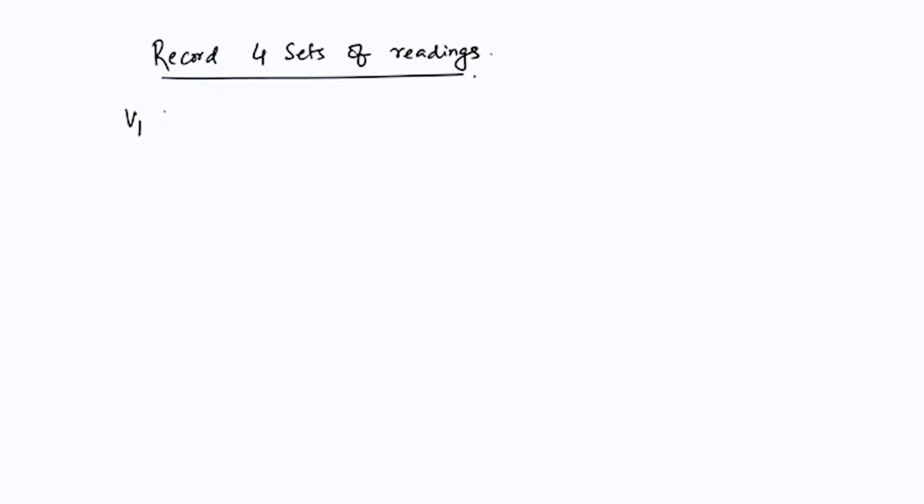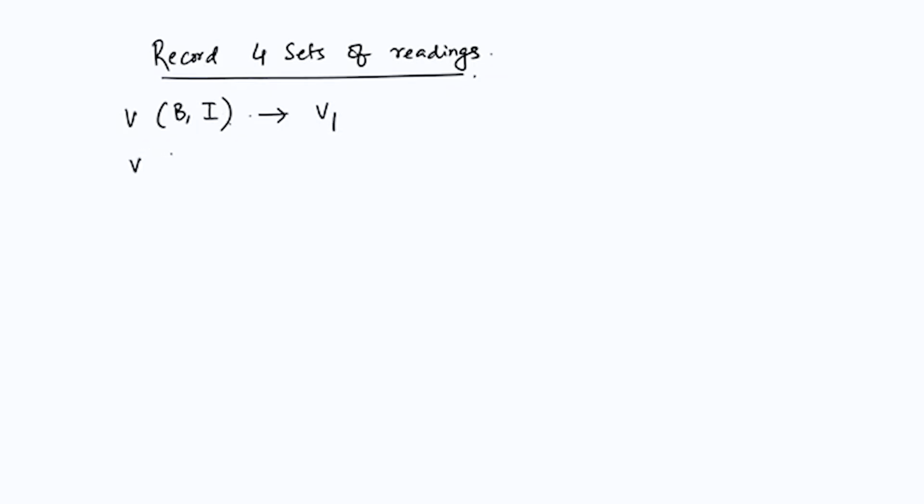You measure it for a given magnetic field and current. Let's call this BI, that is B applied in a particular direction, say the plus z direction, and I along the plus x direction. Let's call that V1.